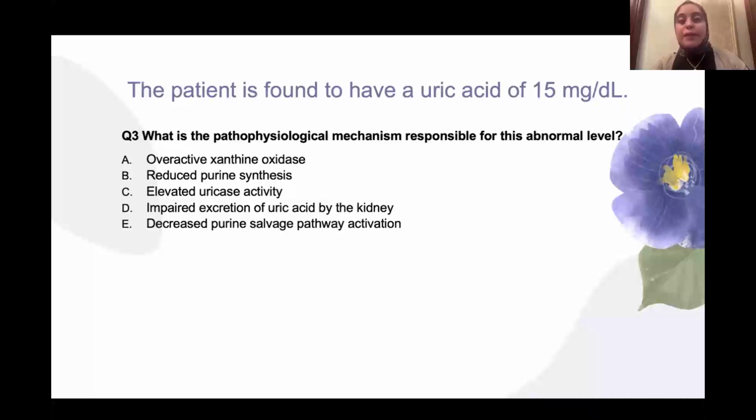Is it due to overactive xanthine oxidase, reduced purine synthesis, elevated uricase activity, impaired excretion of uric acid by the kidney, or decreased purine salvage?